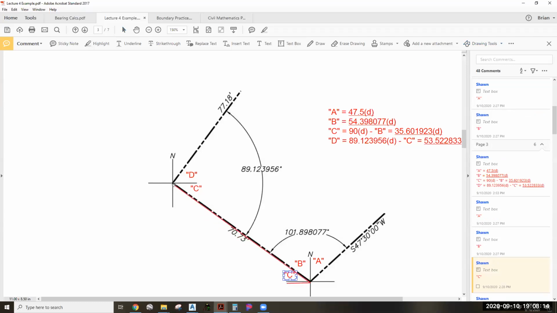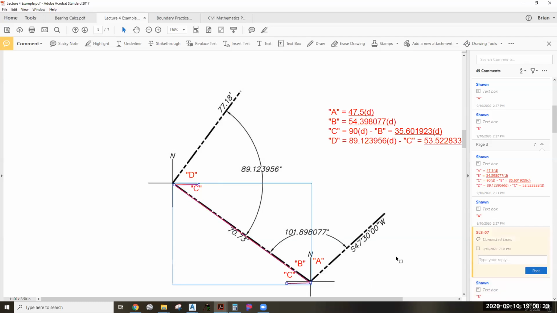This, this, this. These are opposite angles. You don't have to know geometry, but this is how it works. If you visualize this north line and this north line, they're parallel, and we know what parallel means.